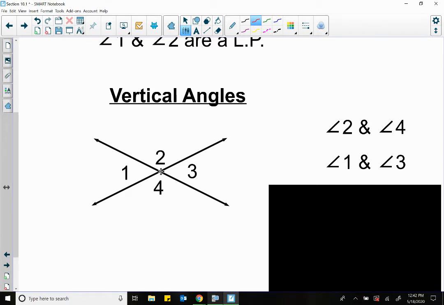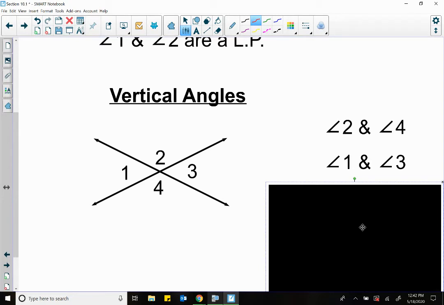What I call vertical angles, when two lines intersect each other, are the angles that are directly across from each other. So 1 and 3 are across from each other, and they're not adjacent. 2 and 4 are across from each other, and they are not adjacent. Those are vertical angles.